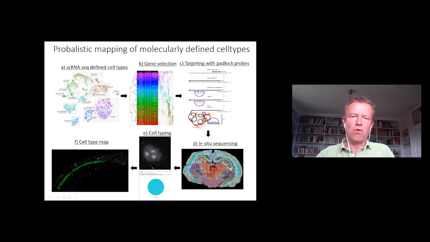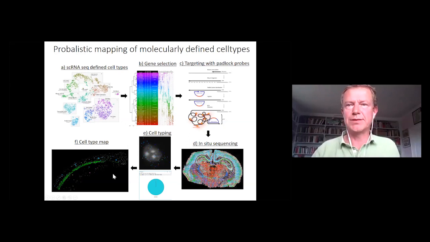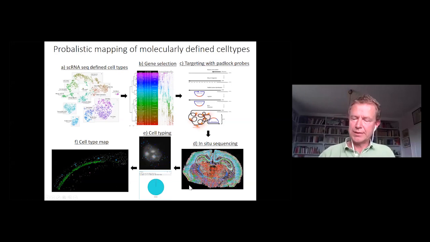And then assign all genes to individual cells in the images, and then compare the molecular composition of every cell in the tissue with the average expression profile of the single-cell RNA sequencing clusters. Then we plot that as a probability. So this cell has a very high probability to belong to this particular, in this case, neuron in mouse brain.